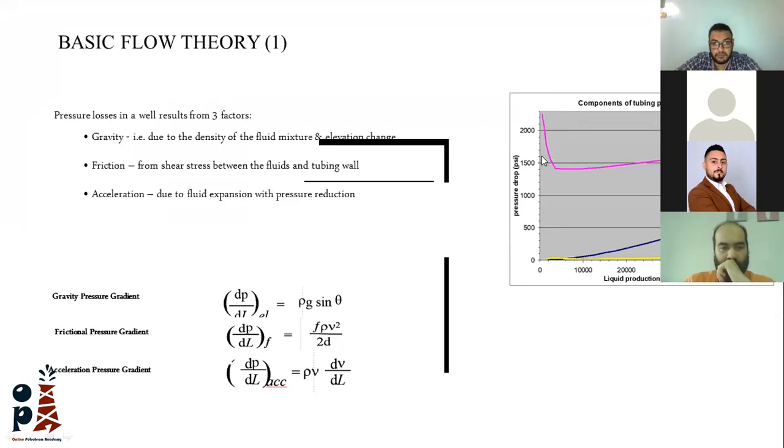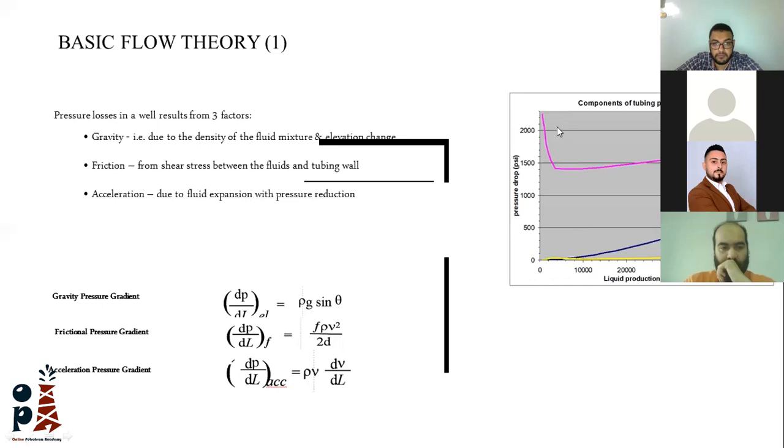And the problem is related to the flow regimes and the change in flow regimes. After this point, the gravity is normally the same, there's not much change. But here, the friction increases with flow rate.